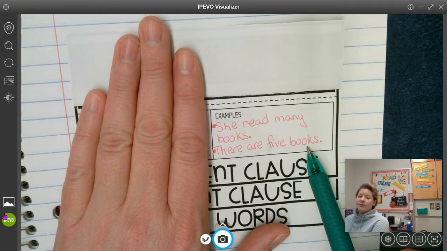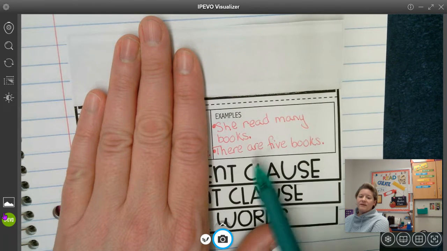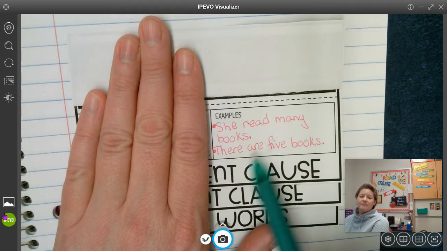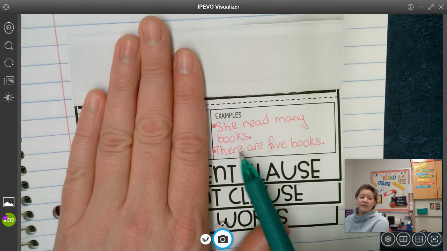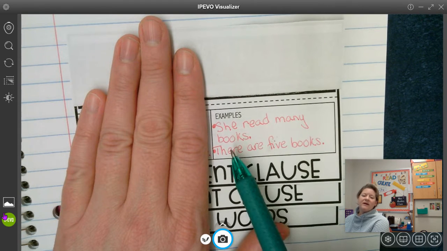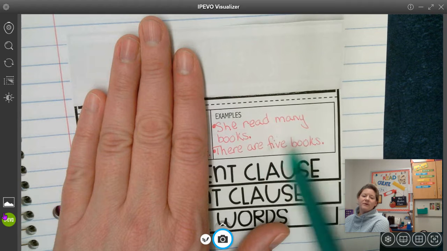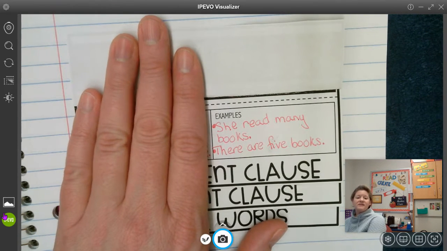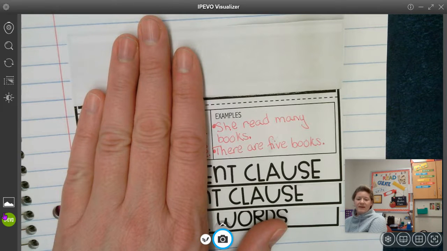We're talking about the books. So there is our predicate, what the books are doing. So there are, or I'm sorry, are is our verb, what our subjects are doing. There are 5 books. So these are just 2 regular sentences. They're nice, simple sentences. They make sense. They have a subject. They have a predicate. They're a sentence all by themselves.